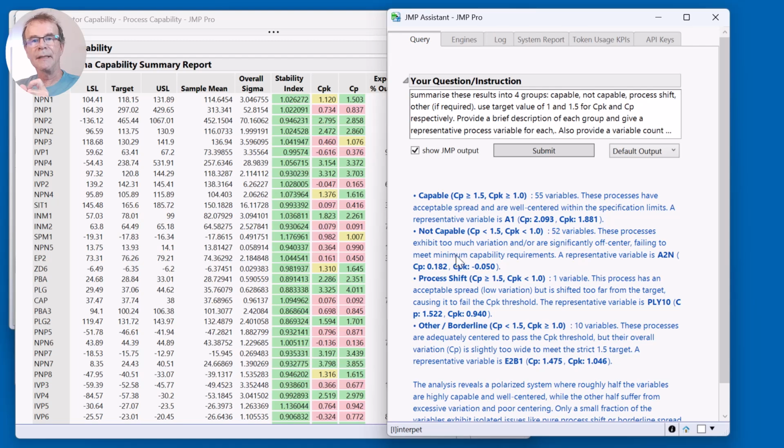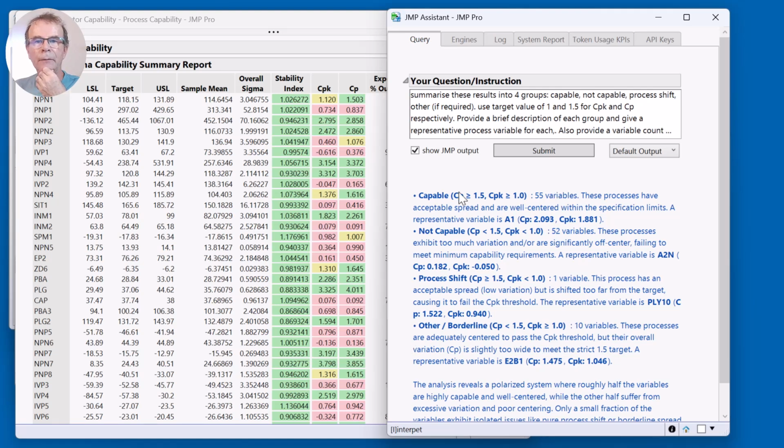The interesting scenarios, I think, are when one is good and the other one is bad. So here, CP is good and CPK is bad. That's the classic case when you've got a process shift. But you can have it the other way. CPK is good and CP is bad. And that's this other one, which is the borderline. So really happy with that 4th classification. I'm glad I put that in.